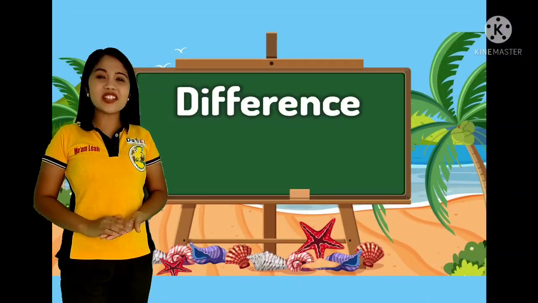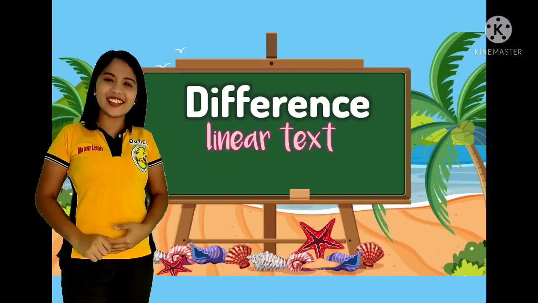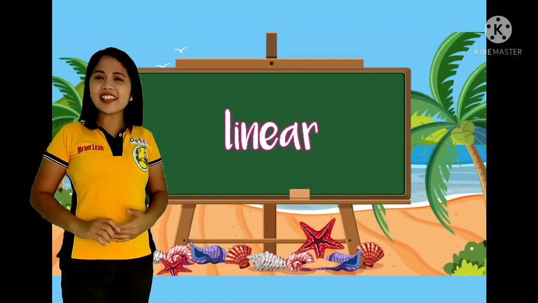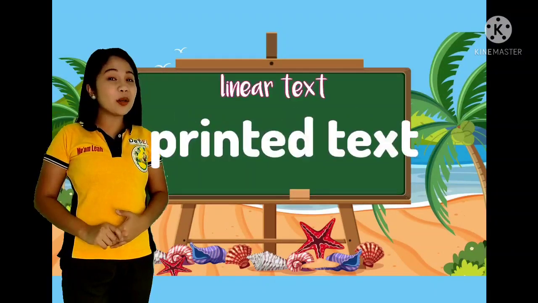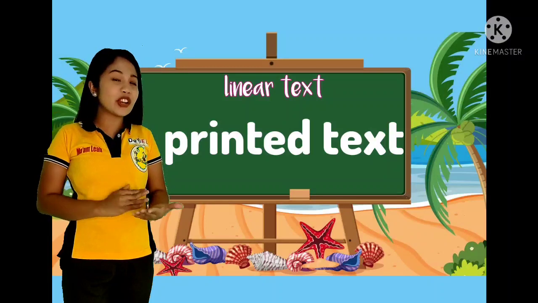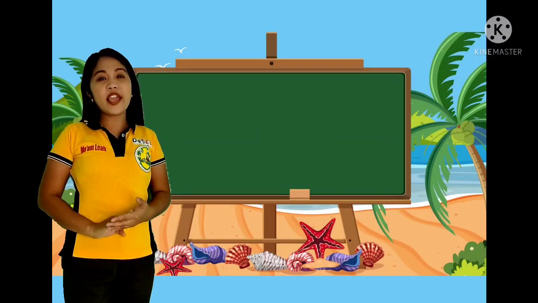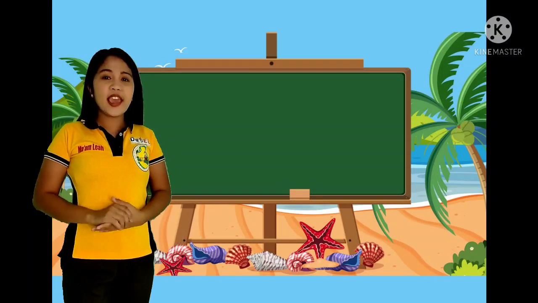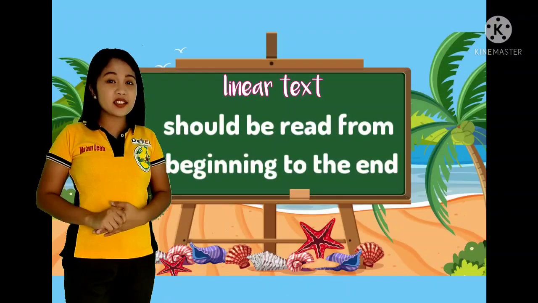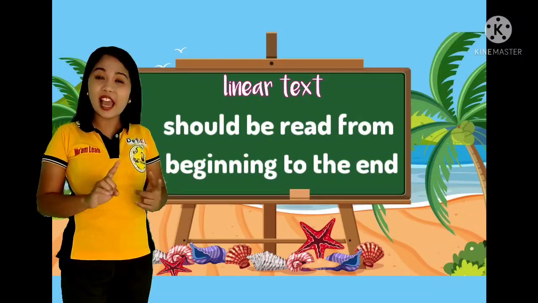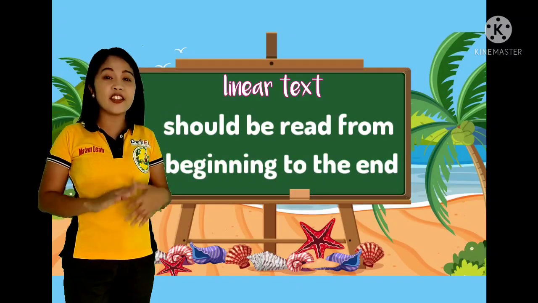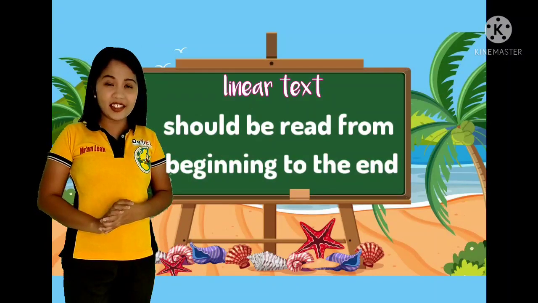And let's have the difference between a linear text and a non-linear text. A linear text is the usual and common printed text that we can read from a book or a paper, a newspaper, and this text should be read from beginning up to the end for us to understand the whole idea and or the story.